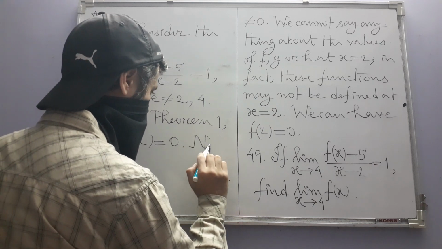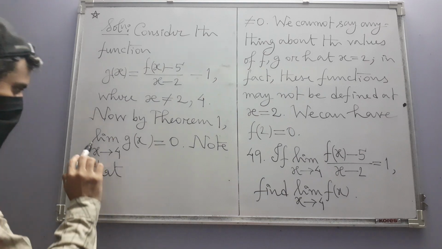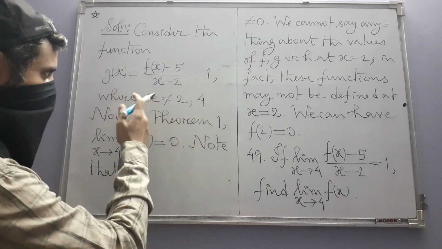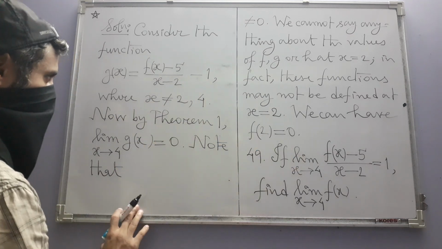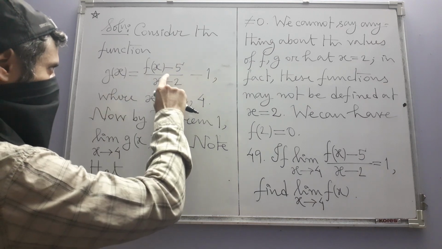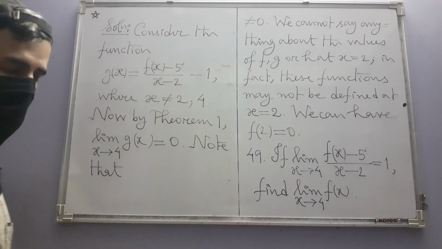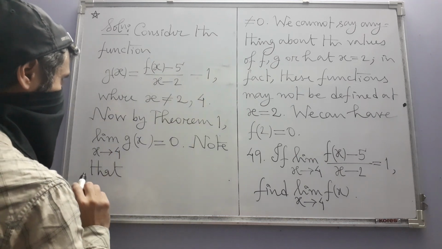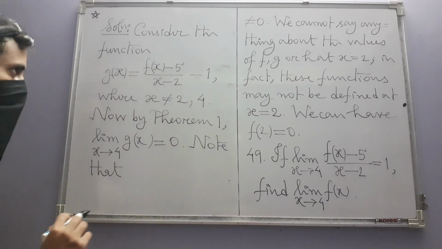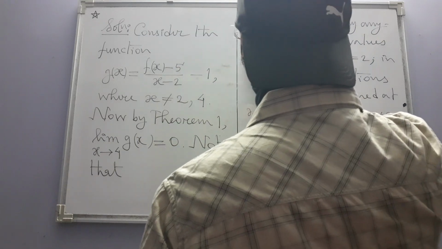Now note that this is something we have come to know about g of x just from its definition and that limit. But now we are going to use this equation and express f of x in terms of the remaining things. So note that, can I write it directly? Let me do it there. What will f of x be?